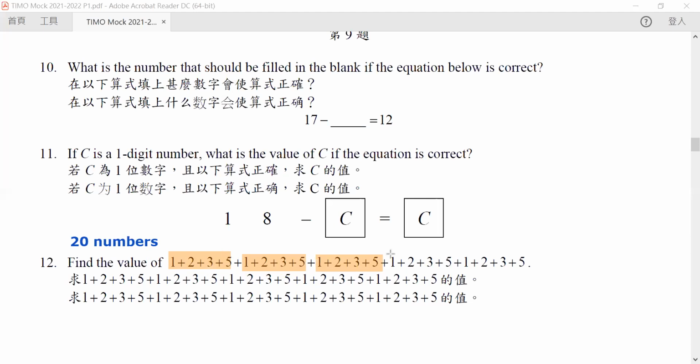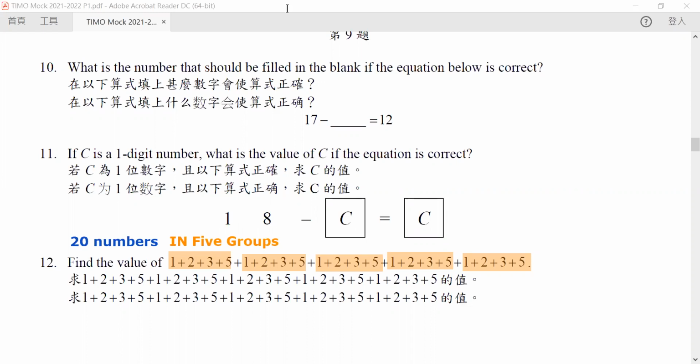So you can see in here that we can separate these 20 numbers into 5 different groups. For each group, they are all 1 plus 2 plus 3 plus 5.